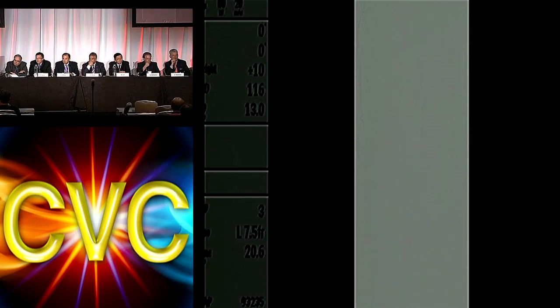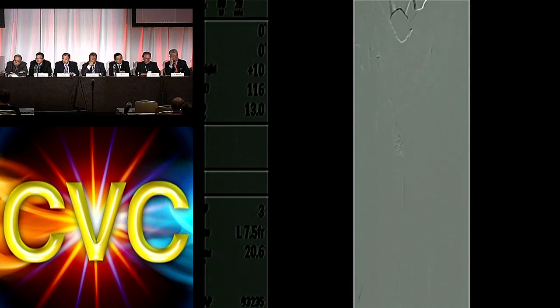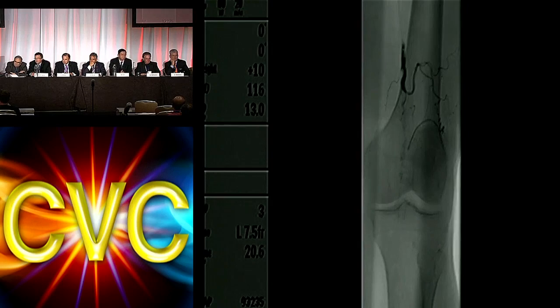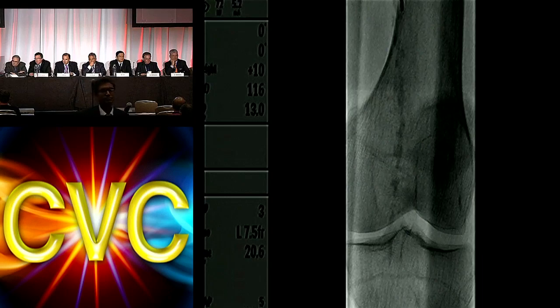Hold on a second. This one. Because it seems to see that little thing there, but it doesn't even follow that. It seems to be going outside in some place we don't want to be. So I don't know. I'm thinking more retrograde from the foot. If we can do that, though, let's take another picture.